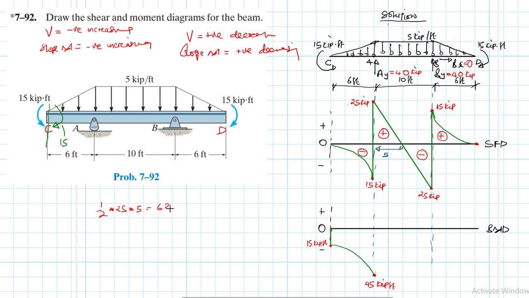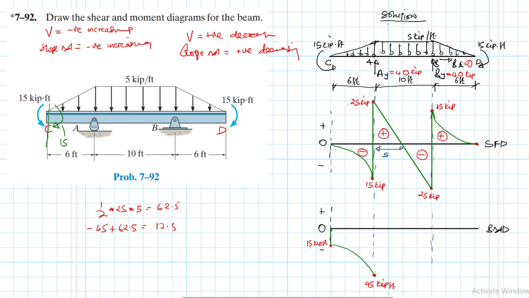So this gives me a 62.5, which is positive. So we expect this value to rise. So say 45 minus 45 plus 62.5. Okay. So it gives us a 17.5. So it will rise up to somewhere, let's say there.